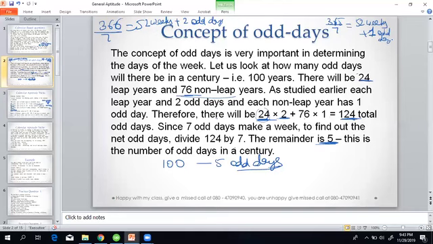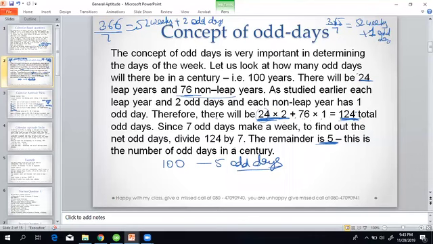So in 24 leap years, 24 multiplied by 2, plus in non-leap years 76 multiplied by 1, so there are a total of 124 odd days.